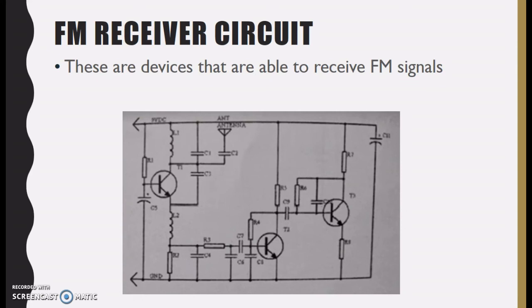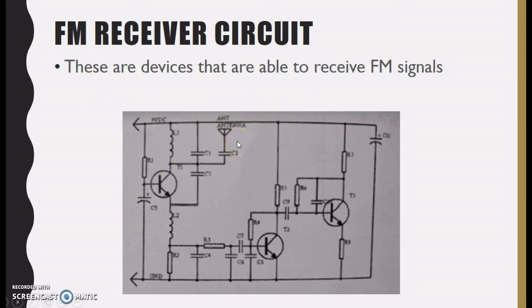It uses first an antenna, RF amplifier, tuner, detector, and audio amplifier. The RF amplifier, this part, is a sensitive amplifier that amplifies the very weak radio frequency signal from the antenna. The antenna is in this part.